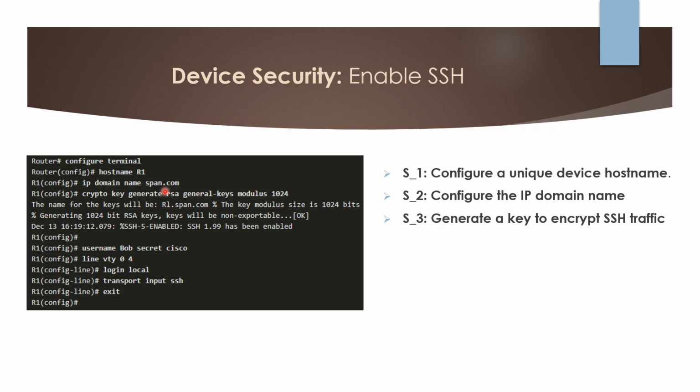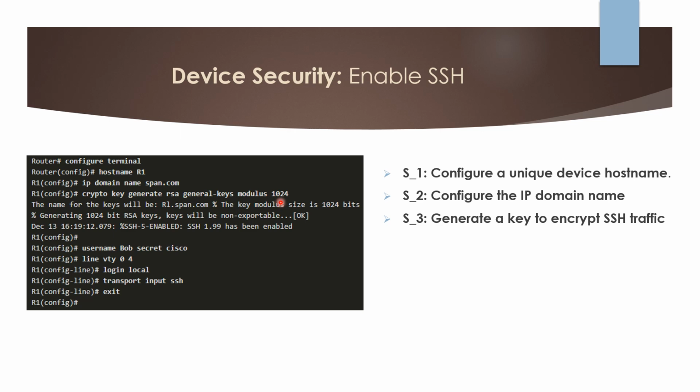Step 3 is to generate a key to encrypt the SSH traffic between source and destination. To do so, a unique authentication key must be generated by using the global configuration command crypto key generate rsa general-keys modulus, and the number of bits.